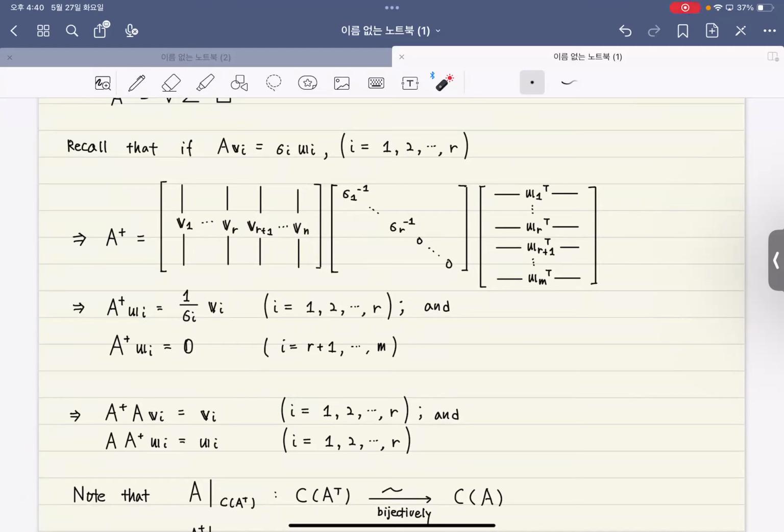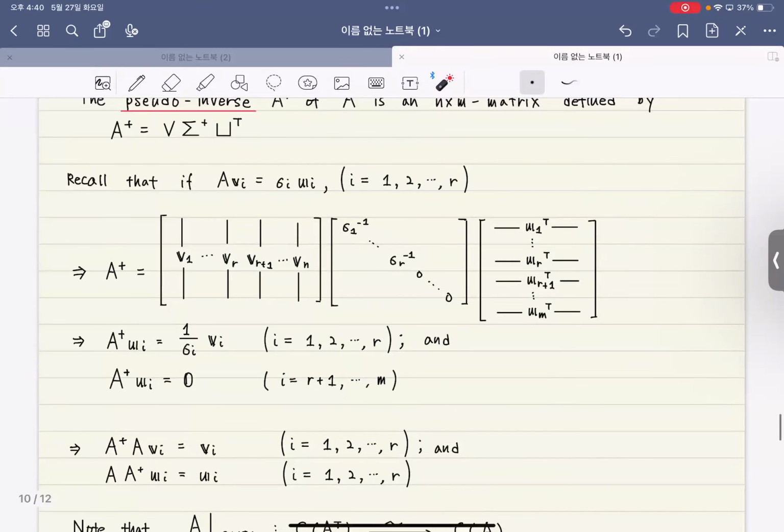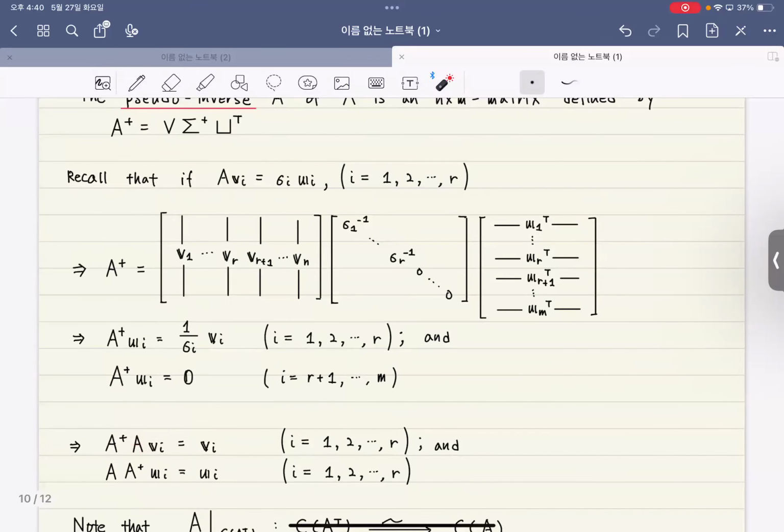Finally, A times A plus. If you compose A by A plus, A v is sigma i ui, but sigma i ui under A plus gives you vi, and A times A plus ui is still ui.